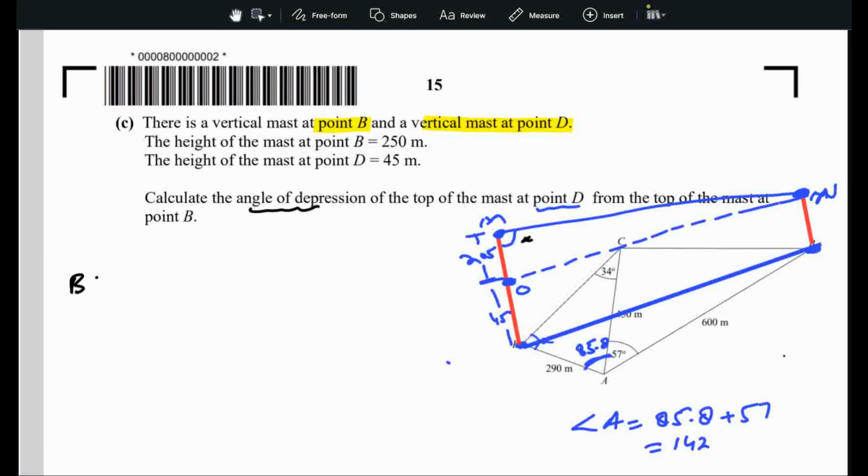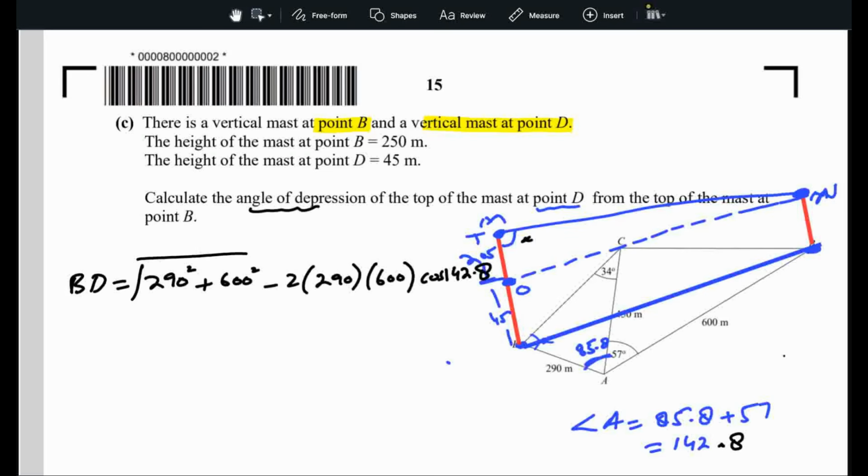So BD will be equal to 290 squared plus 600 squared minus 2 into 290 into 600 into cos of angle 142.8, and we have to take the square root as well.